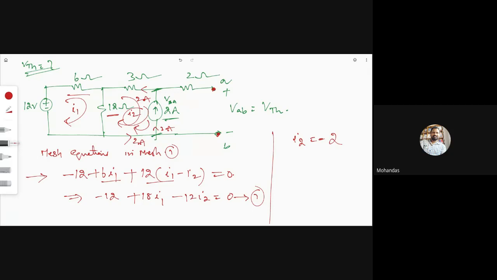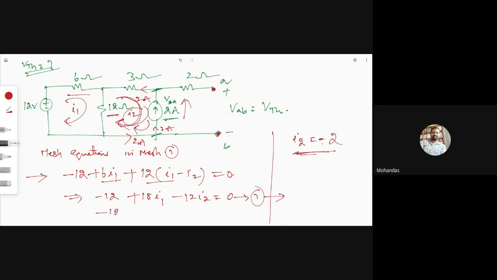So I2 equals minus 2 amperes. Why is it minus 2 amperes? Because we assumed that I2 is in clockwise direction, but this 2 ampere current is in upward direction. Once we get the I2 value, let us substitute it in equation 1.